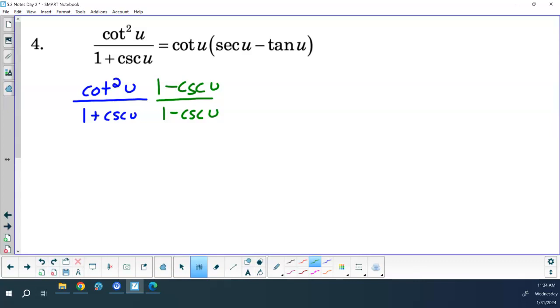On the top here, I get cotangent squared of u times 1 minus cosecant of u. On the bottom, what do I get? Is it an identity? You sure?